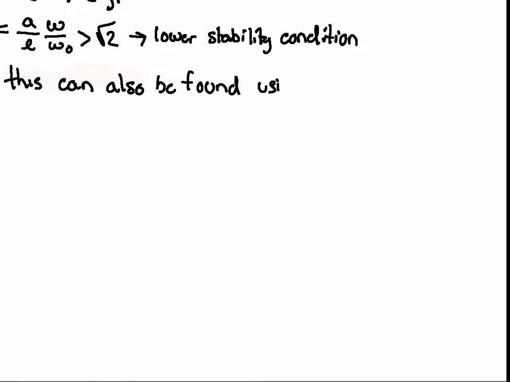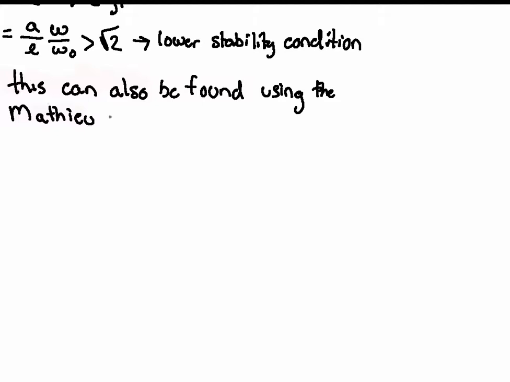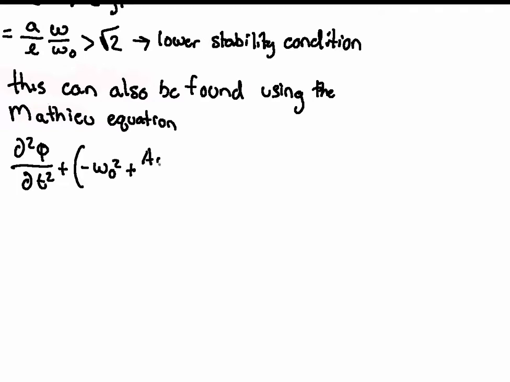We could also find this lower stability condition using the Mathieu equation, which is the second derivative of phi with respect to time plus the natural frequency of the pendulum squared plus the amplitude times the driving frequency squared times cosine omega t over L, times phi, is equal to 0.